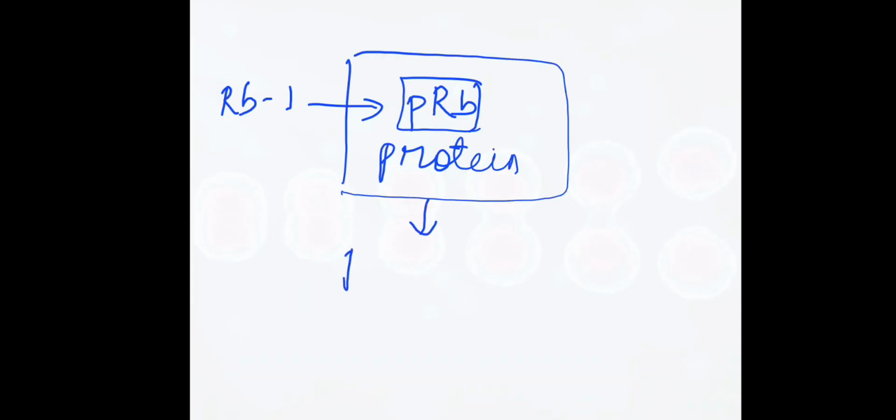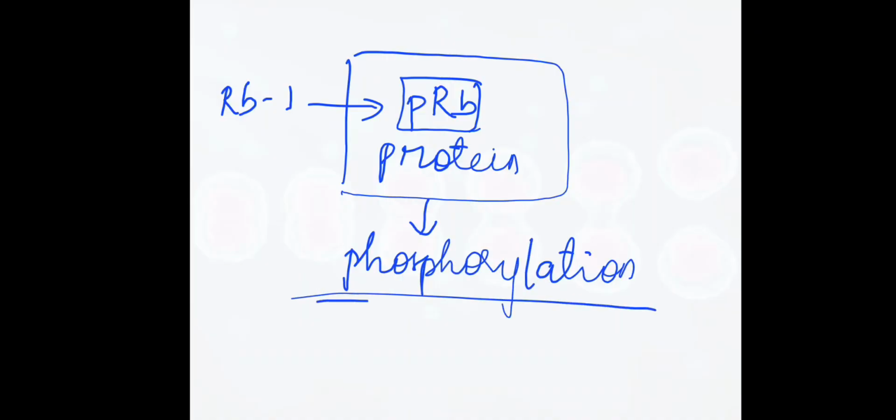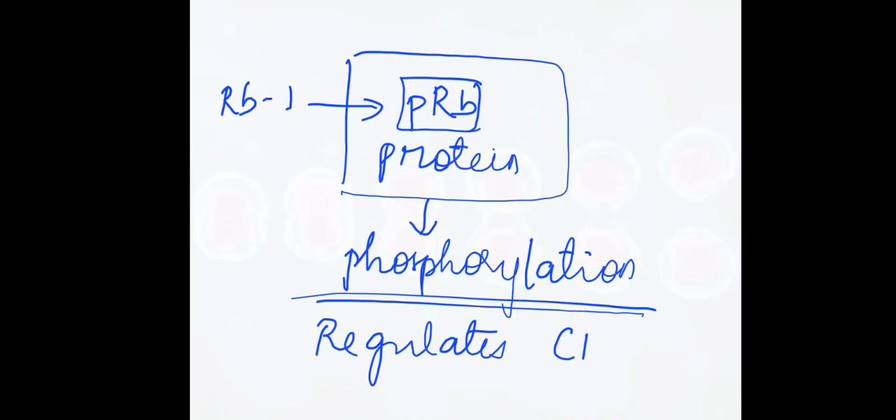The phosphorylation of pRB protein decides the fate of cell division. It regulates the cell division. Let us know how.